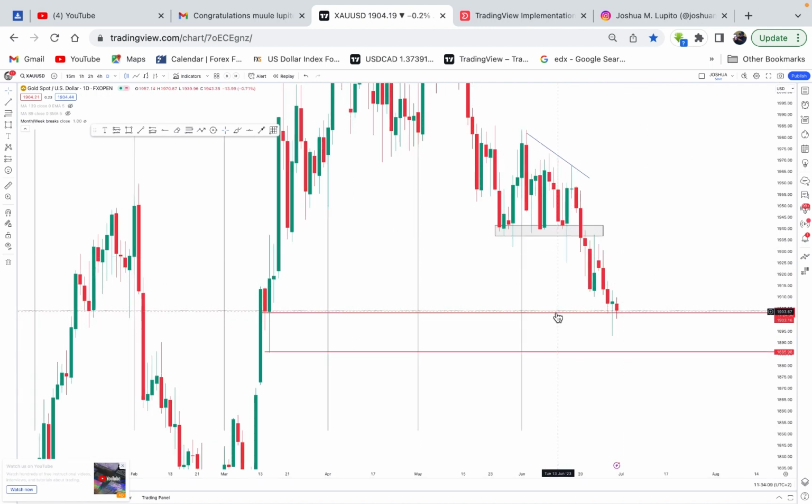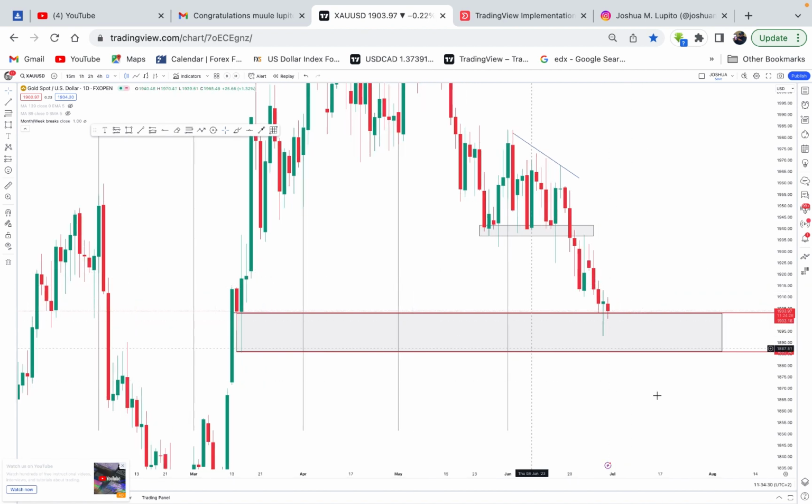The market is currently at support on the daily time frame, on my support. If we mark up this area here, this will be my zone. From there, I can expect the market to push back up a bit for me to see further movement to the downside.